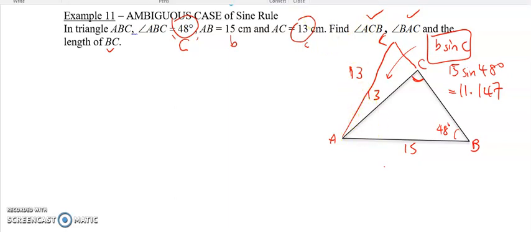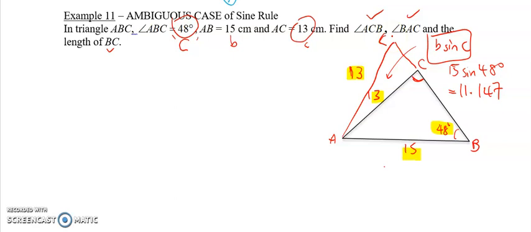Remember the values that are given, we have to fix them. We can't change them. So we can double check. If we look at angle ACB, we can have 1 value here, and we can have a bigger angle ACB. So it's possible ACB has 2 values.